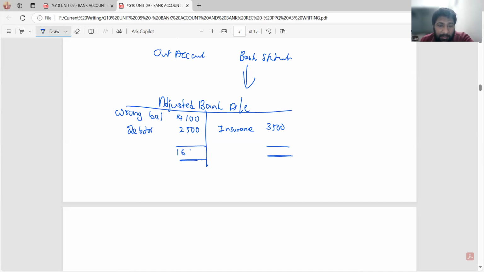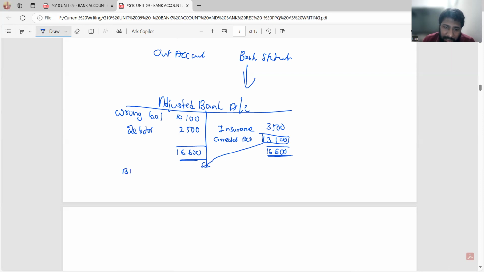Here 16,600. Then here we are getting a value of 13,100. So this is the corrected balance.